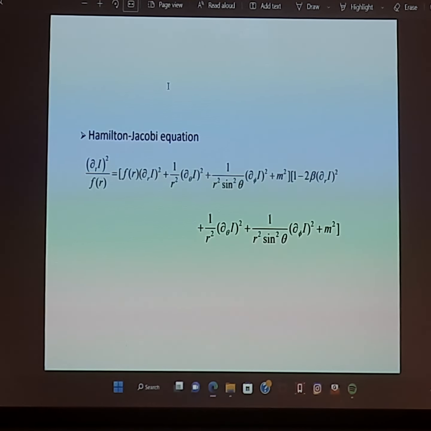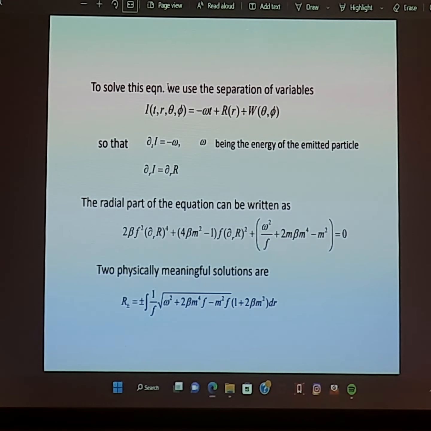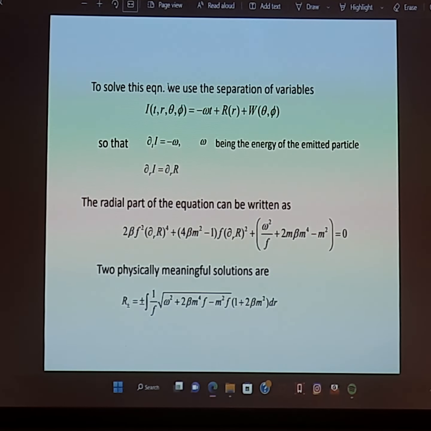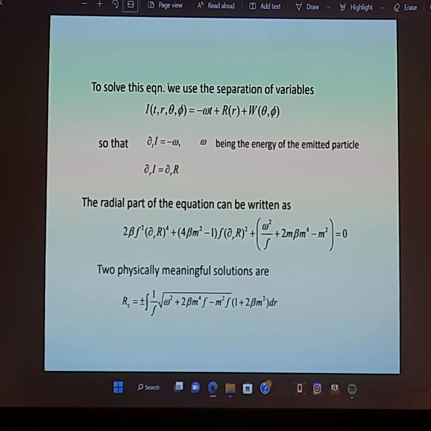When we substituted it in the generalized Klein-Gordon equation, we found the Hamilton-Jacobi equation given by this. In order to solve it, we use a separation of variables, and then the radial part is given by this equation.